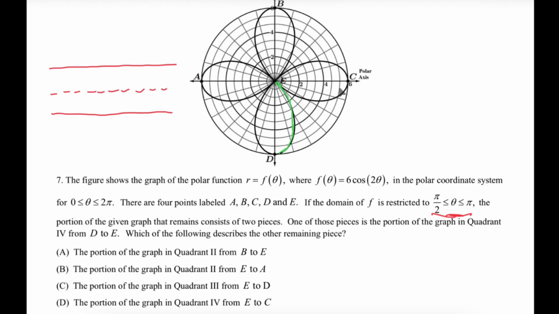We can't really tell by looking at the polar graph because there could be reflections and stuff like that. So here's our equation. Amplitude of 6. And okay, there's a 2 in there. That means B is 2, so 2 pi over 2. So the period is just pi. It's normal cosine, so it starts at the max.